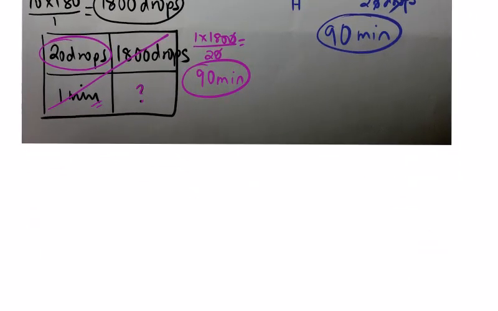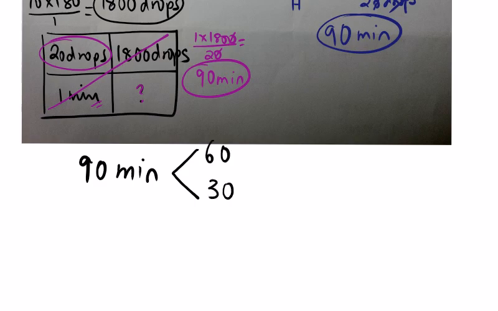So the first thing we'll do here is just think about 90 minutes, or we can do it in our heads. In 90 minutes we have 60 minutes and we have 30 minutes.